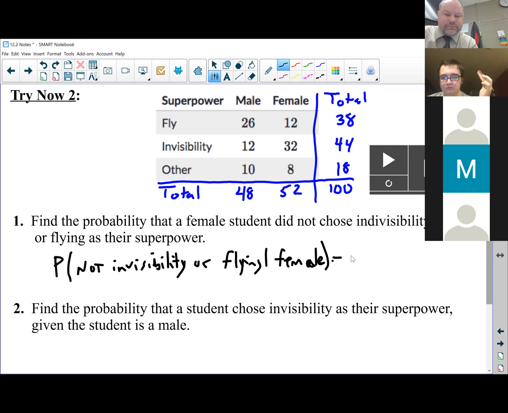I got 18 out of 100 and then 9 out of 50.